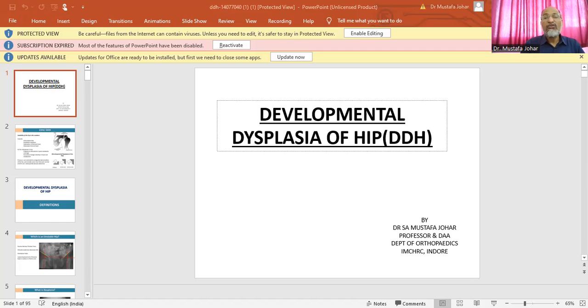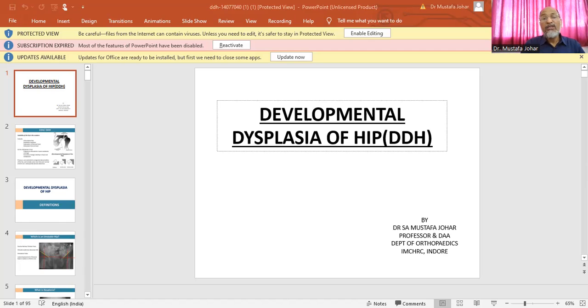In the Barlow's test, you are examining a case of query DDH, and when you examine the hip, with a single small pressure on the anterior side of the hip through your thumb, you are able to take the head of the femur outside the acetabular cavity, and this is called the positive Barlow's sign. And in this, you will see that the hip is dislocatable, not already dislocated.